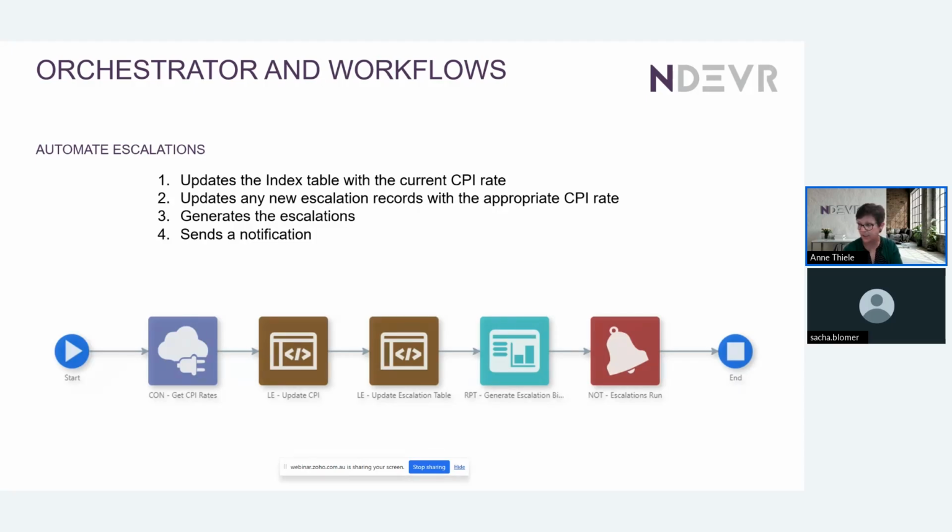So the first thing this orchestration does is it goes out to the website, I forget exactly which one it is, to grab the latest CPI rates, and it updates the tables in JD Edwards with those CPI rates.